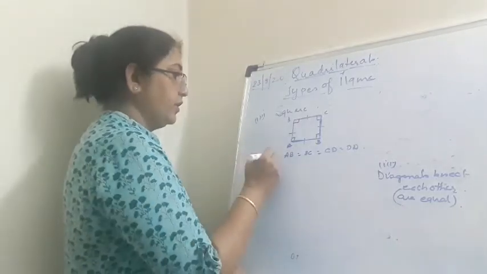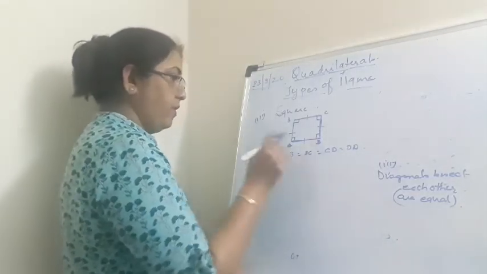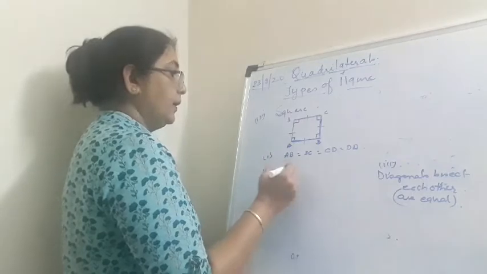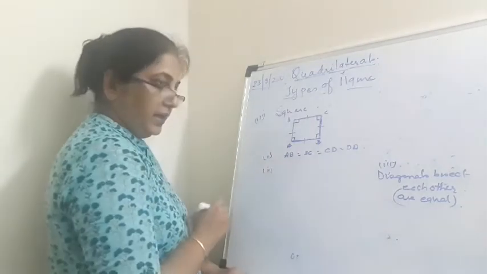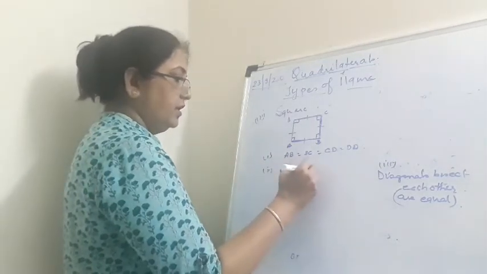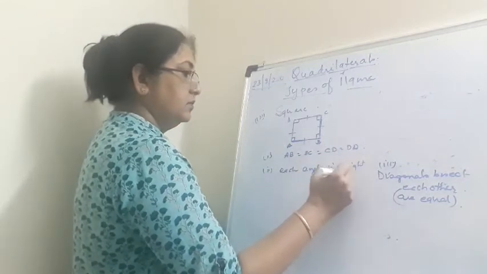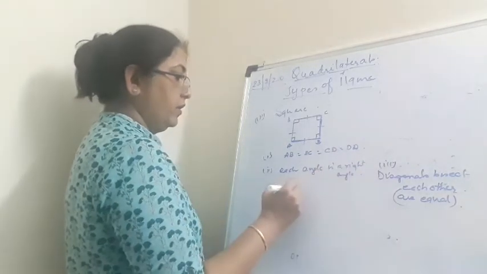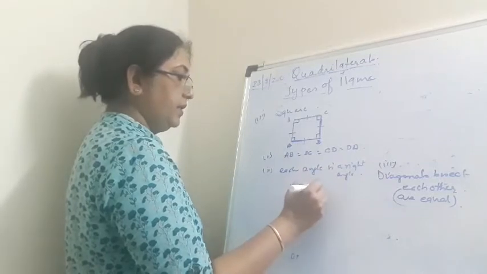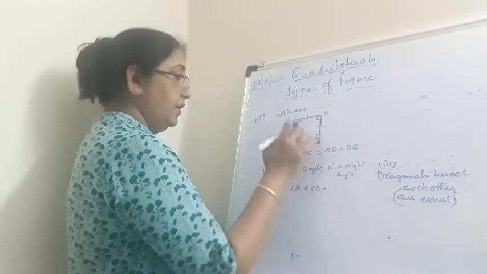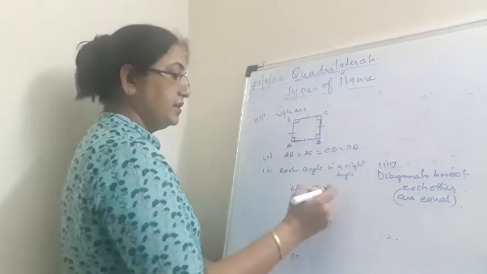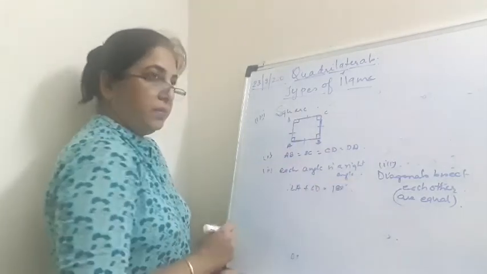Then first point. Second point is each angle is a right angle. Therefore, angle A plus angle B, angle D, AB or AD, any two adjacent angles will always be supplementary.